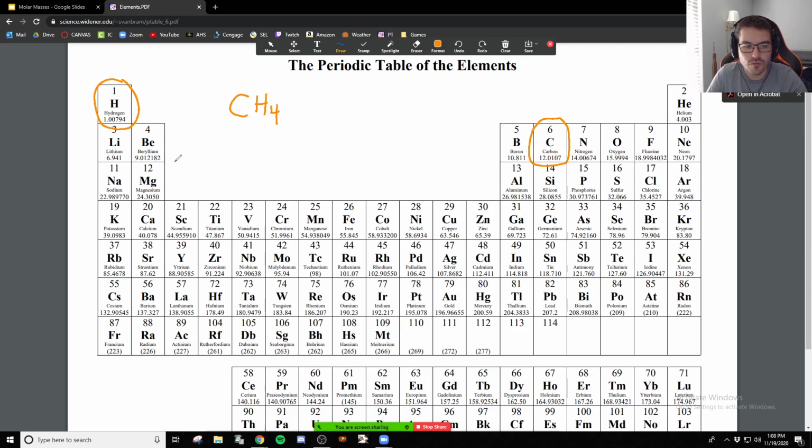So the molar mass for CH4 is going to be equal to 1 times the mass of carbon, 1 carbon times 12.0107, plus the mass of 4 hydrogens, 4 times this number, 1.00794, okay? I know these are long numbers.